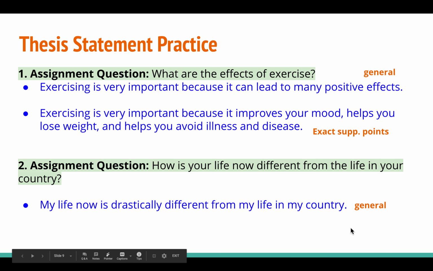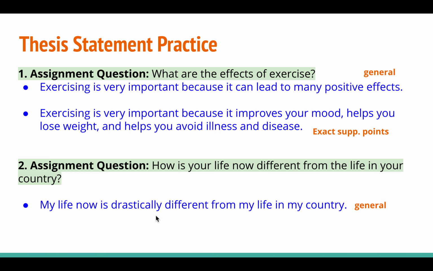For number 2, I chose to write a general thesis statement. My life now is drastically different from my life in my country. So here it gives me a map of the essay. It tells me the essay will talk about how my life is drastically different from my country, but it doesn't tell me how exactly. So I'll need to read the body paragraphs to find out how.